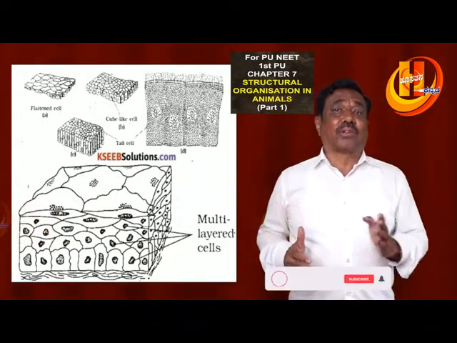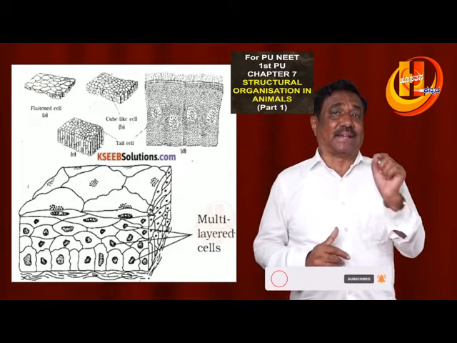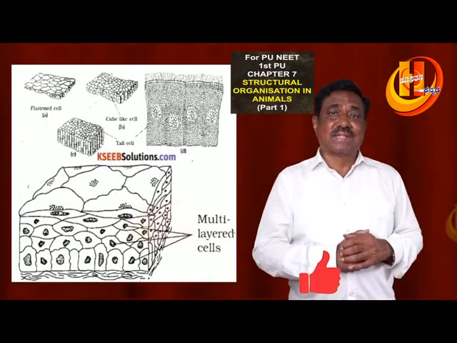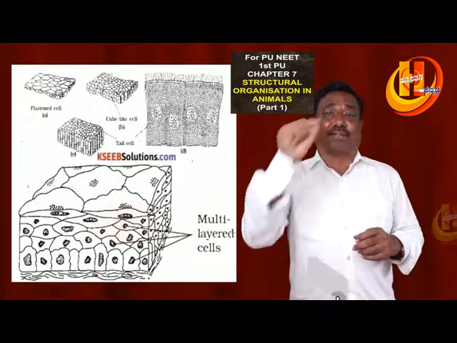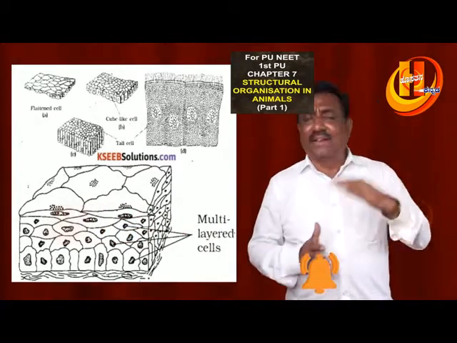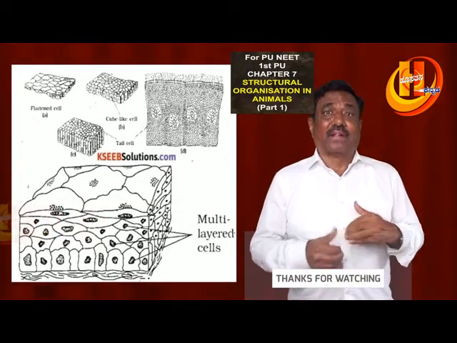It forms the inner lining of the blood vessels, and this squamous epithelium is called endothelium. The outer layer of the Bowman's capsule is also composed of squamous epithelium, present in various parts of the body, and protective in function.